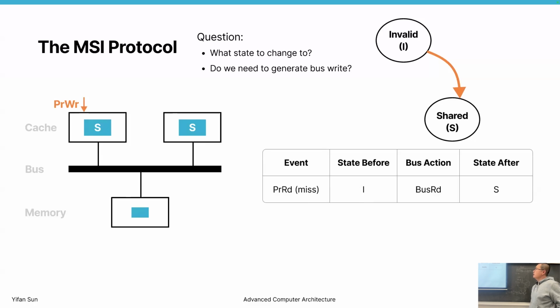Okay, now what do we do when there's a write operation, a processor write, and assuming we're in S state? The question is, what state can we change to? And do we need to generate a bus write?